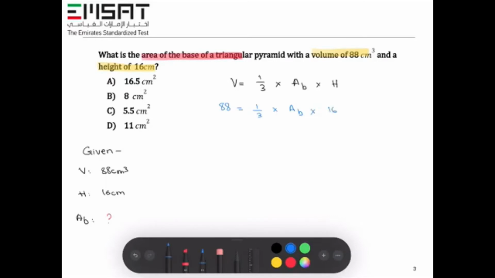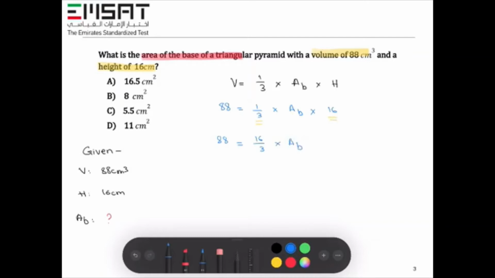Now to find the area of base, we can combine 16 and 1 over 3 into one fraction. It would be 88 equals 16 over 3 times area of base.